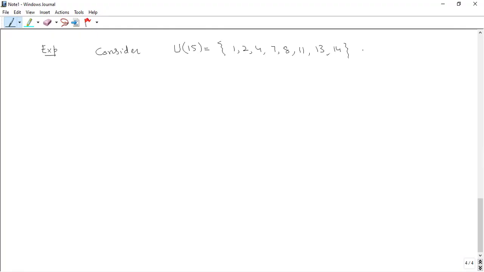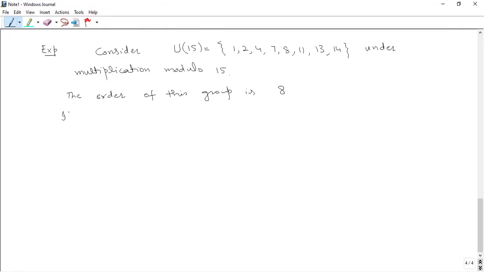This is a group under multiplication modulo 15. Okay. The order of this group is 8, because we have 8 elements in this group.